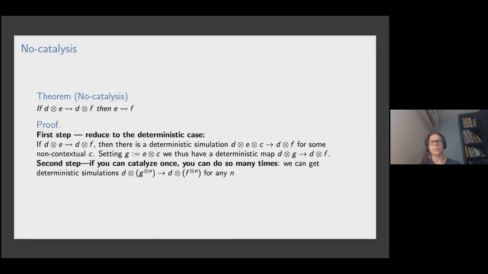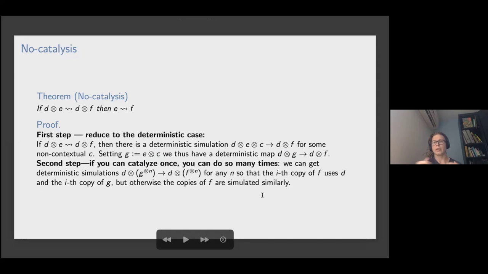There's a bit of work to deduce it from here, but you can then conclude that for any n, you have a simulation like this, where when you're simulating the ith copy of F, all the different simulations of different copies of F do the exact same thing on D, but they all use different copies of G in the process, but otherwise they do exactly the same.